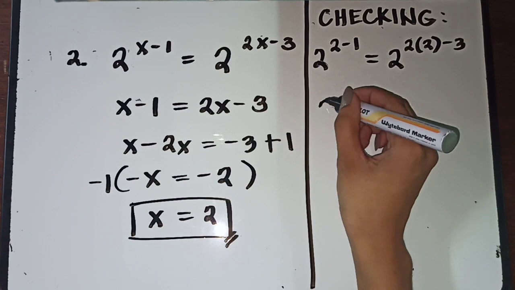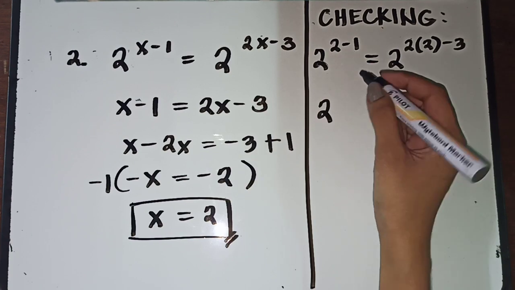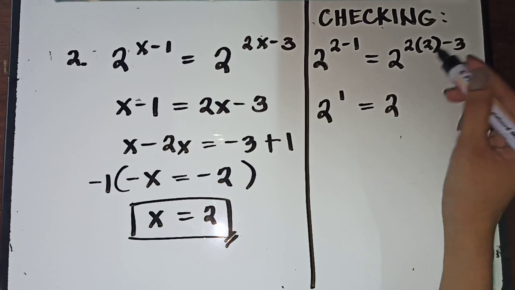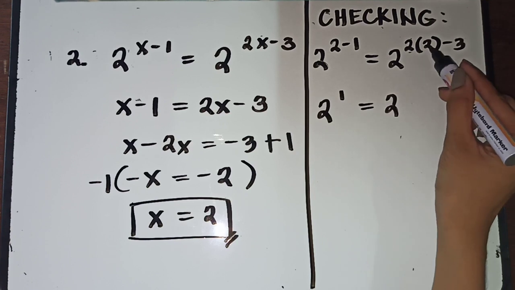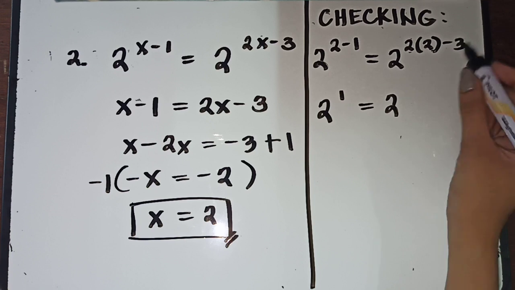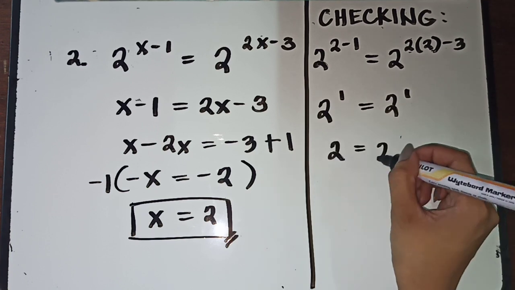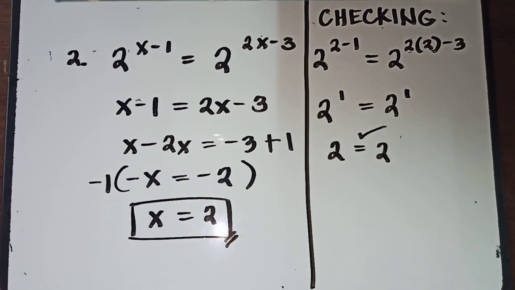So, that is 2 raised to 2 minus 1, which is 1, is equal to 2 raised to 2 multiplied by 2 is 4, then minus 3 is 1. And this is 2 is equal to 2. Okay, so this is a true statement. Nag-equal, ibig sabihin, yung value ng x natin, which is 2, ay nag-satisfy doon sa given exponential equation.